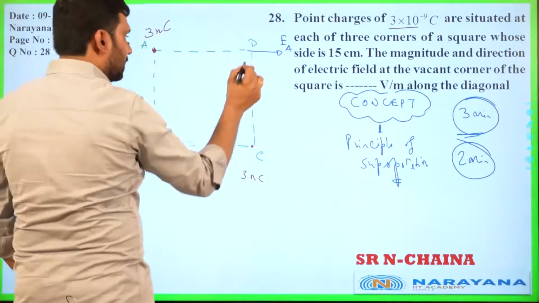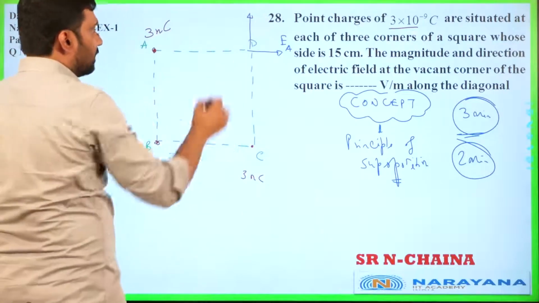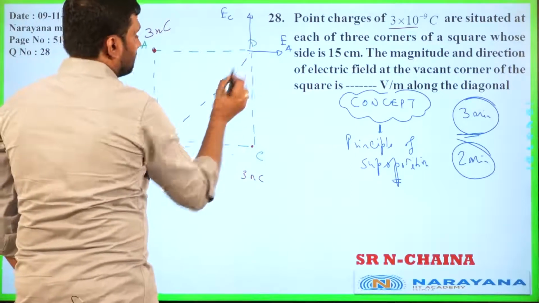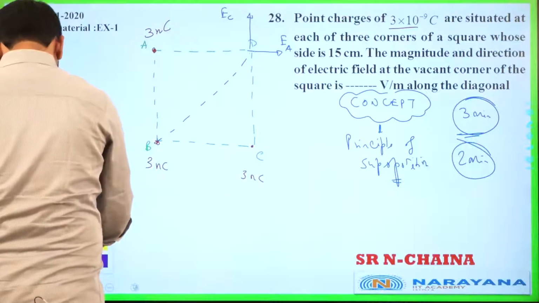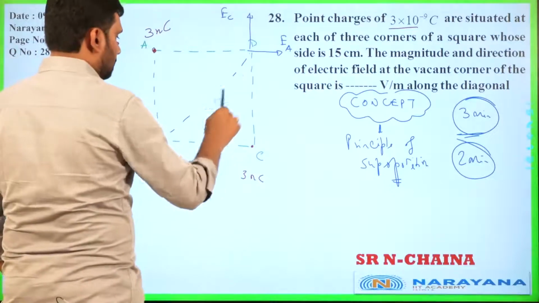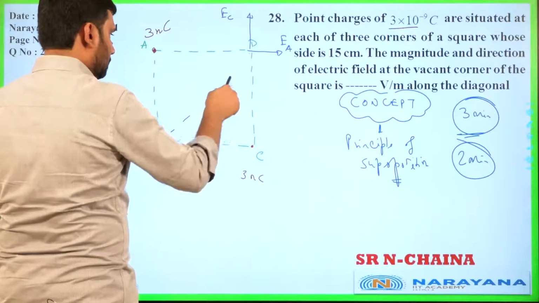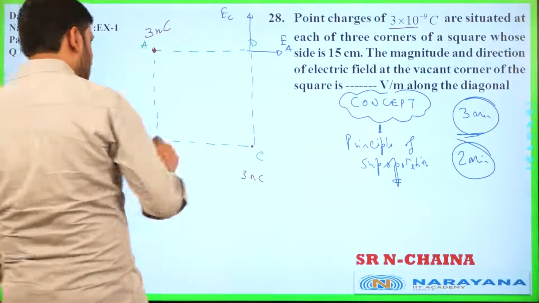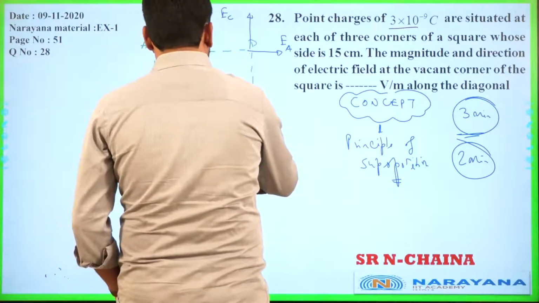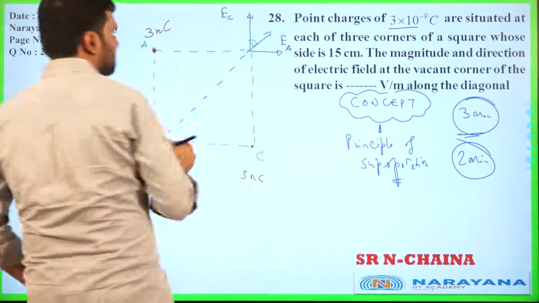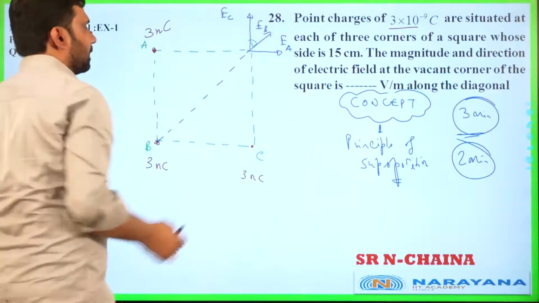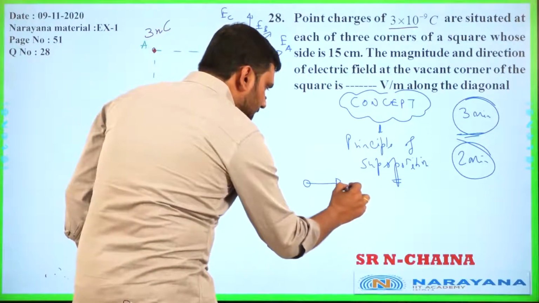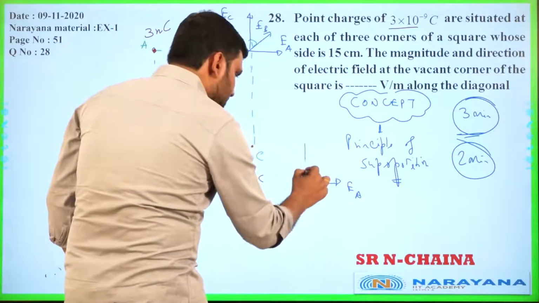For this radially outward, that is the direction of E due to C. And for B, it is like this, this is electric field due to B. So if I do the diagram in short, this is EA, this is EB.